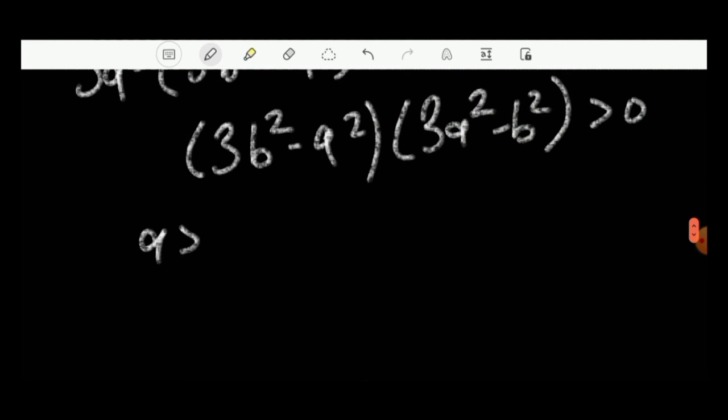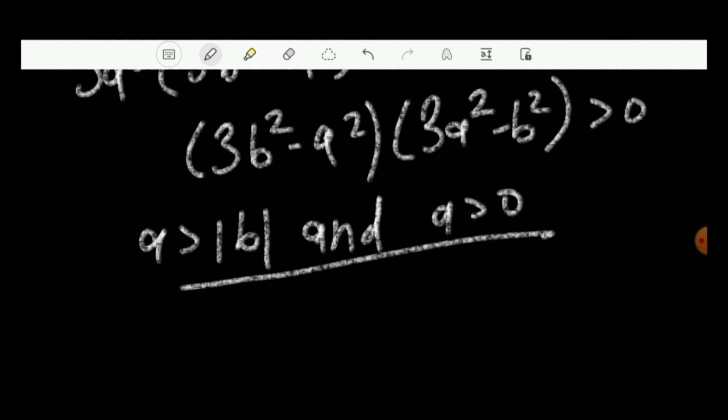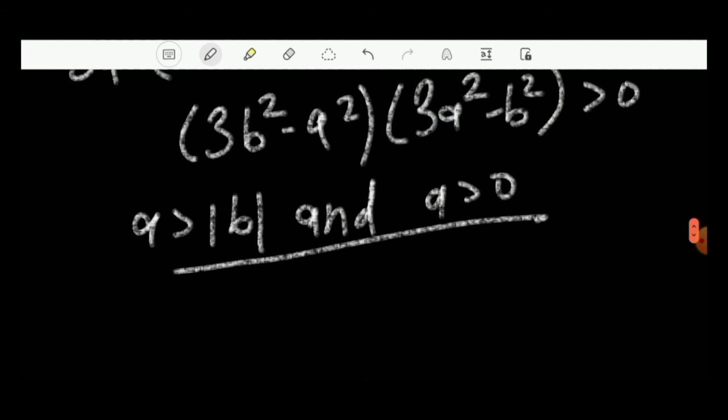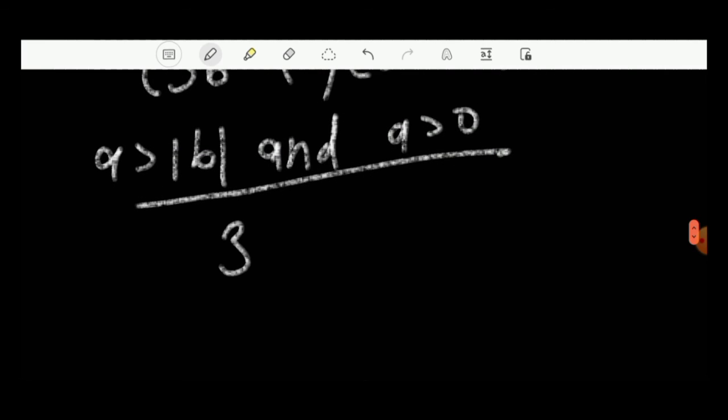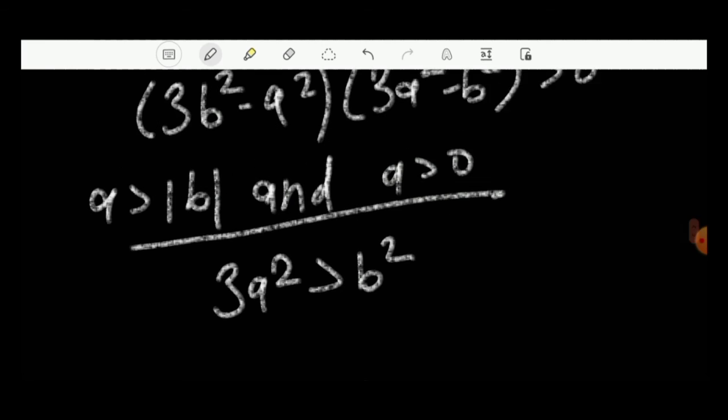So if a is greater than mod of b, then 3a square is greater than b square.